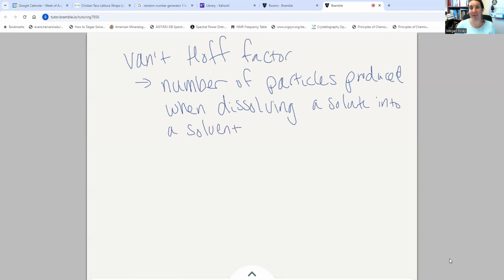So colligative properties are the property of the collective solution. So it's looking at how many particles are in solution when you dissolve.